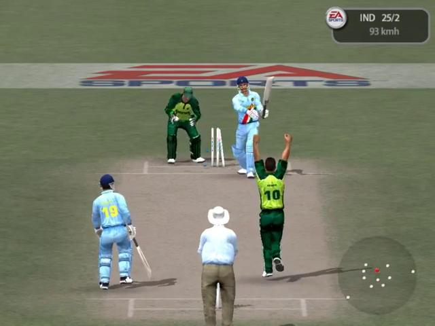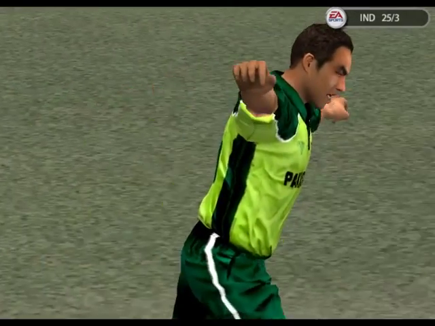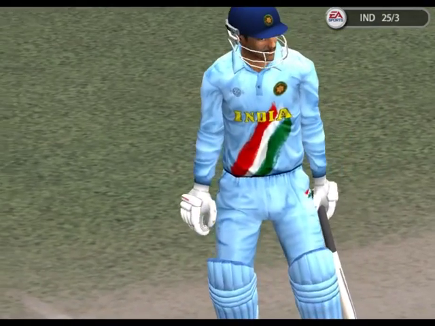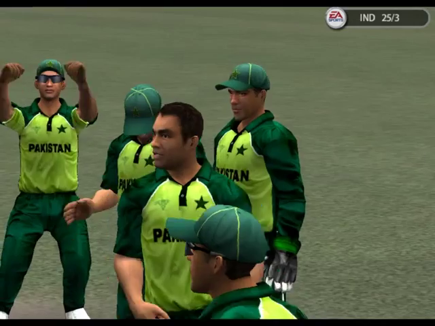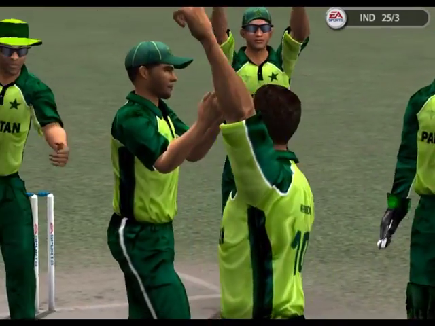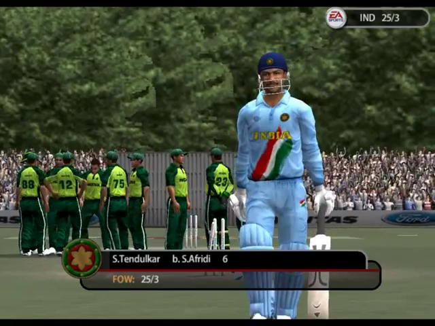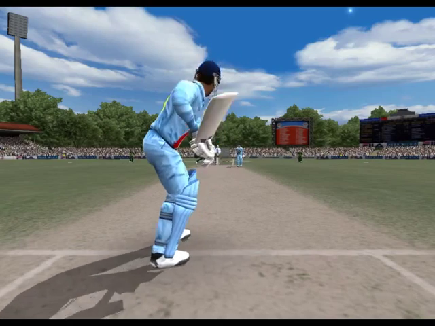That's out. He was bowled all over the place. Shahid Afridi gets his second wicket. Tendulkar goes for only 6. Let's take a look at that in slow motion.